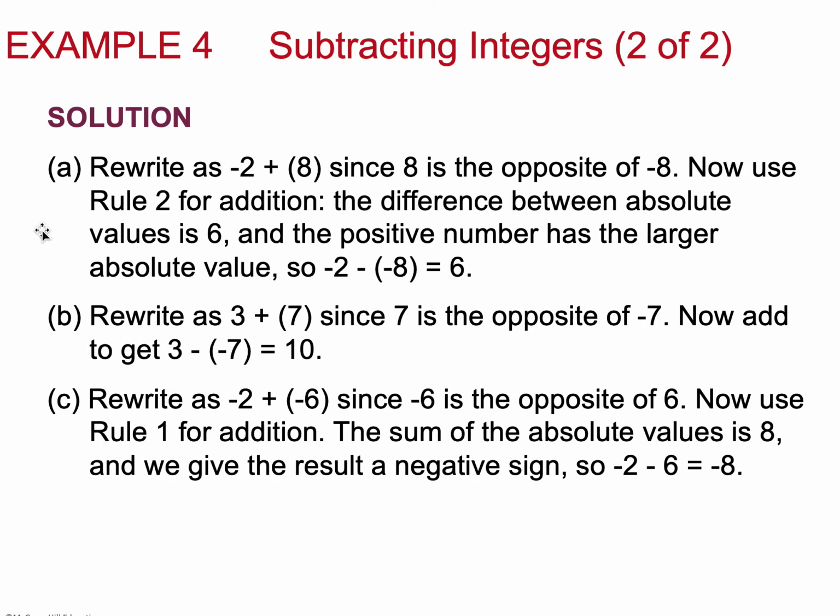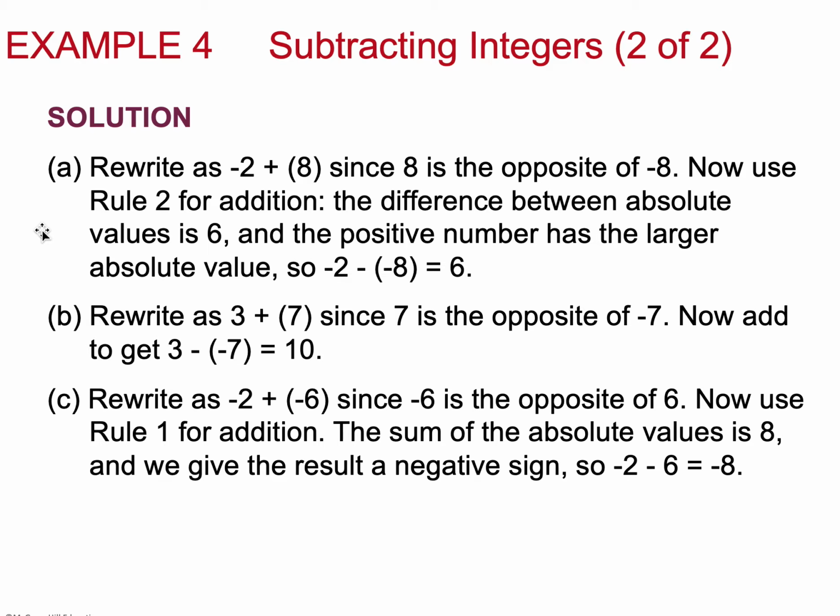Then in part B, I would be able to rewrite minus -7 as plus +7, which would be 10. And then in part C, I would have just a regular addition rule, so I would be able to change that into -2 plus -6.